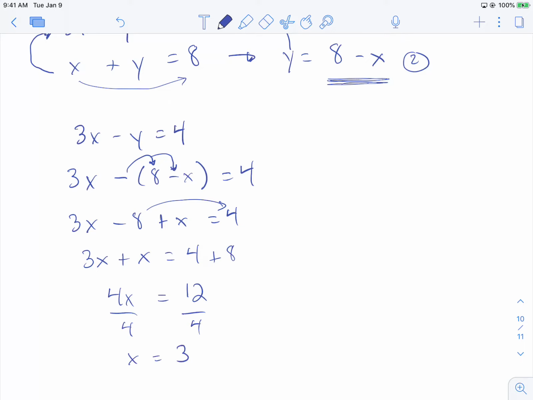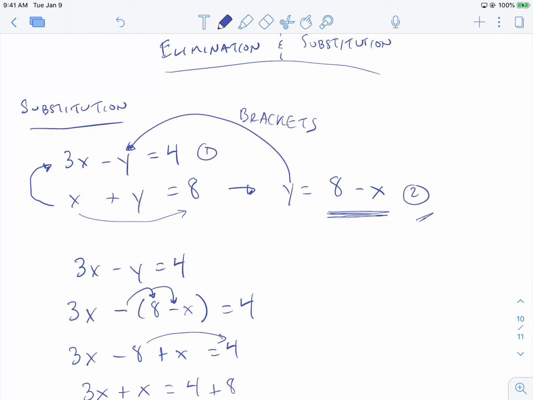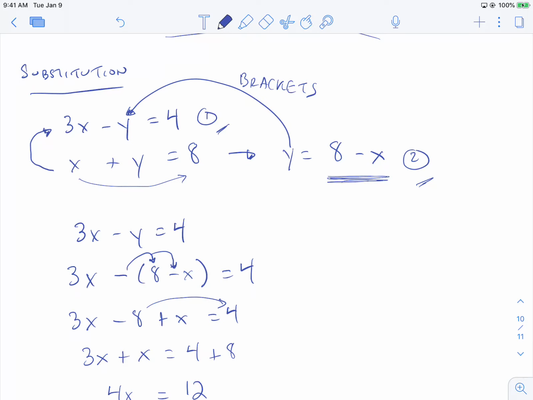Good. So now we have the x coordinate of whatever it is we are trying to solve for, but we do not have the y. So how do we do that? Well, now we can take this x equals 3 and substitute it back into equation 2 or into equation 1 and then just solve for y. It's definitely easier to put it into this one because y is already by itself, so you don't have to do any rearranging.